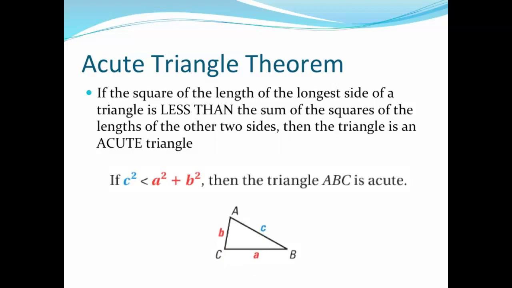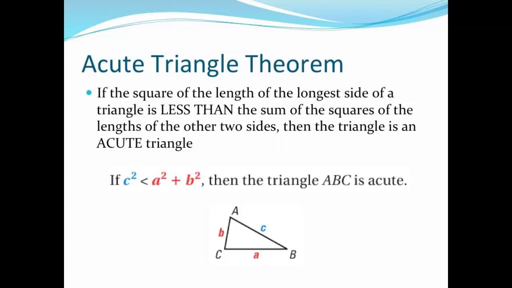Now remember, c is always going to be the longest side. It does not necessarily mean that you have a hypotenuse. We always use the longest side as c, and if that longest side squared is smaller than the sum of the other two sides squared, then you know you have an acute triangle.